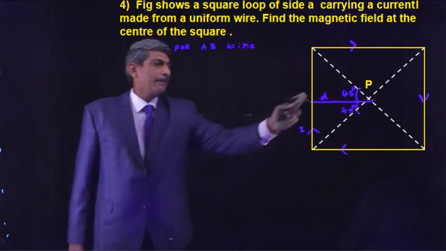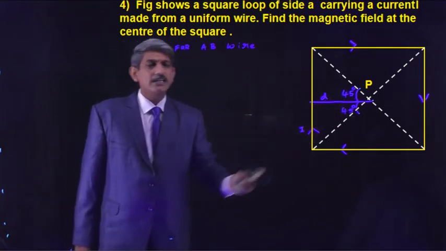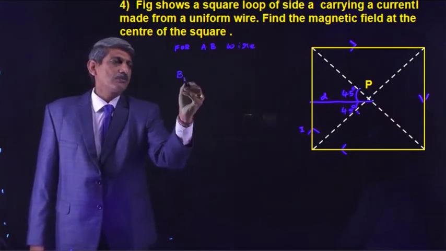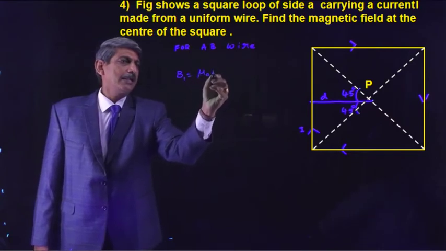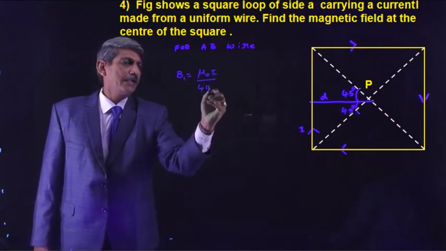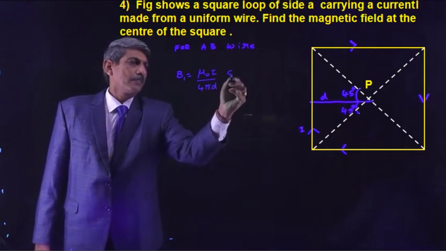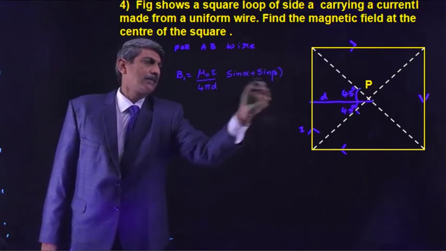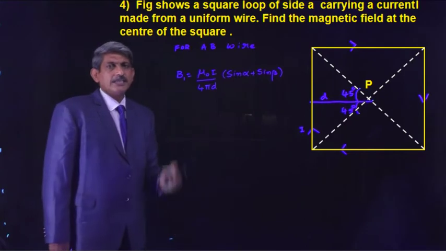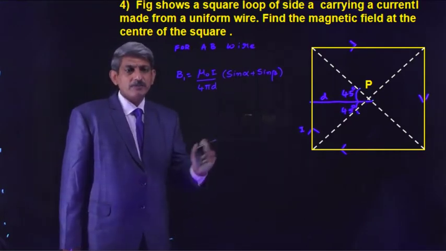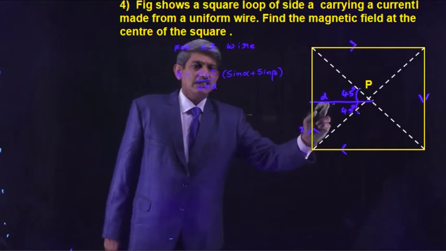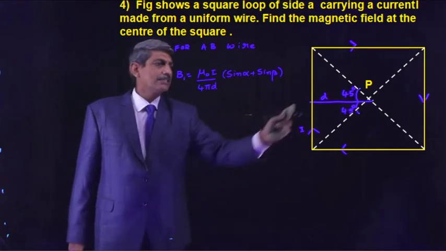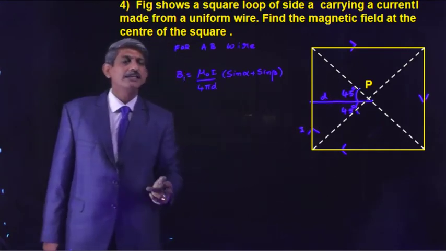Now, we know the perpendicular distance and also we know the elevation angles alpha and beta, so the magnetic induction is given by the formula B1 is equal to mu naught I divided by 4 pi d into sin alpha plus sin beta. Here what is this d? d is the perpendicular distance of the point P from the given wire. From this figure, the side of the square is equal to A. This is nothing but half of the side. That's why in this case, this distance d is equal to A by 2.